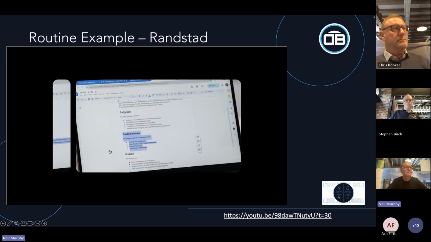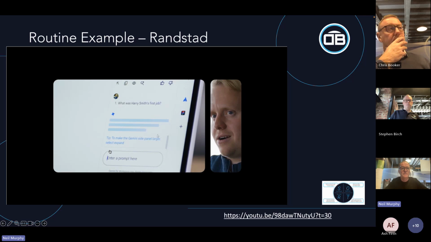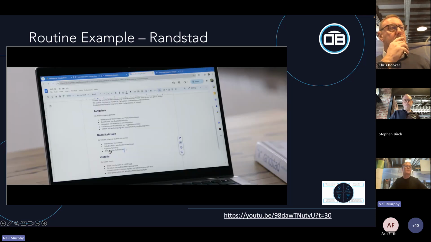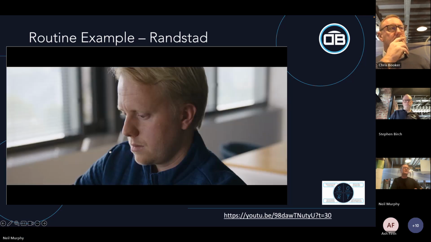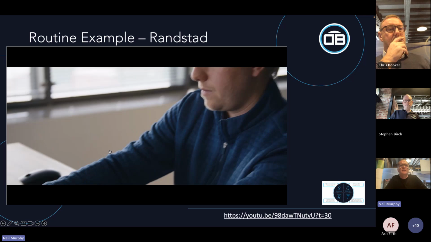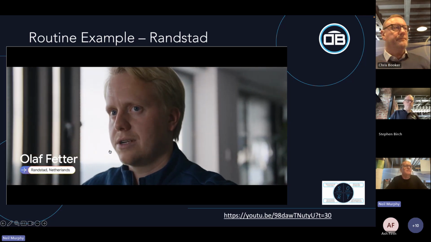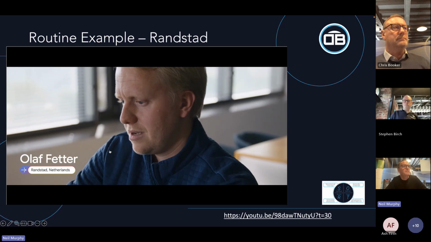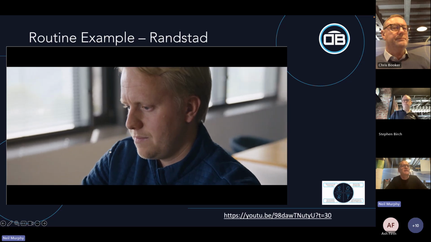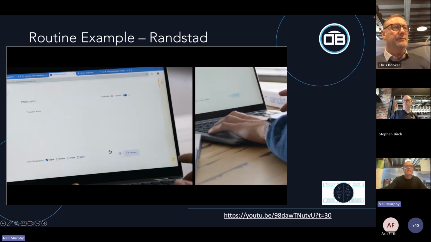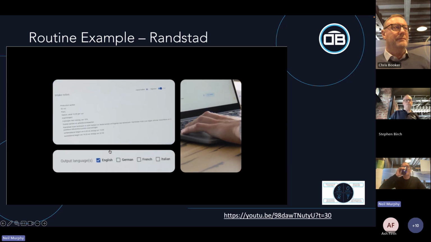With Gemini and Google Docs, I can use the tools right there to get my work done faster. As a non-native English speaker, AI has really helped me to be able to communicate with clients, candidates, and talents in different languages. So I'm going to write a job ad for production worker. I'm going to take the notes. I'm going to paste them into the AI assistant.